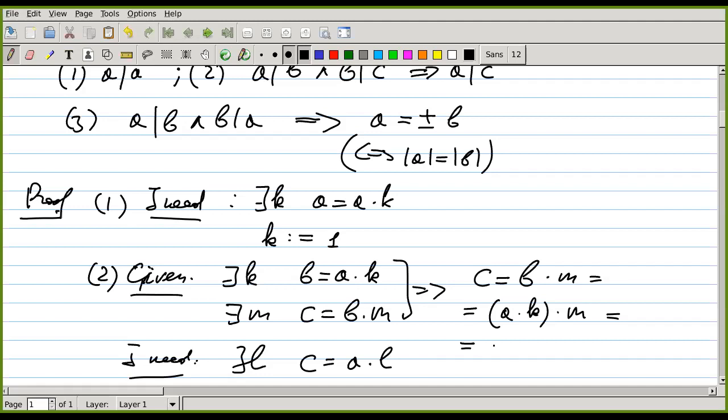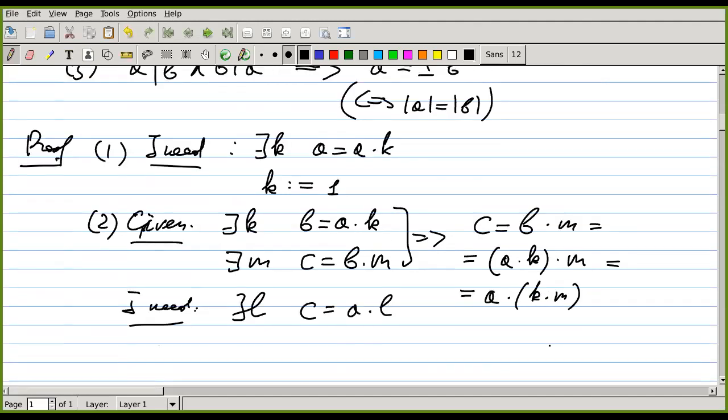We will take it as given. So we will freely regroup the terms here, applying the associativity law. Is this idea clear? Yes. So now we have that C equals A multiplied by something.